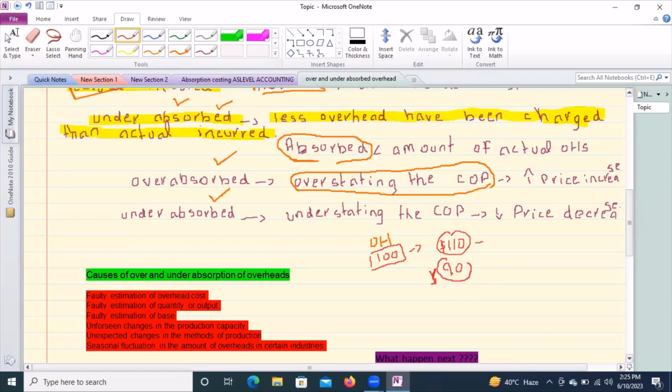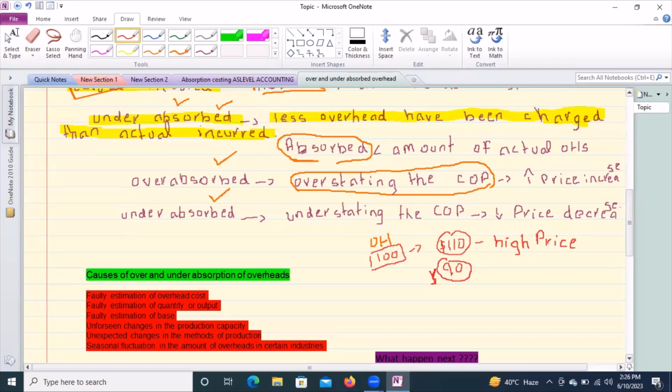So it means that according to your forecasted overheads, you are maybe charging high prices to your customers, whereas other businesses, maybe they are wiser than you, maybe their forecasted production overheads are more accurate than yours.